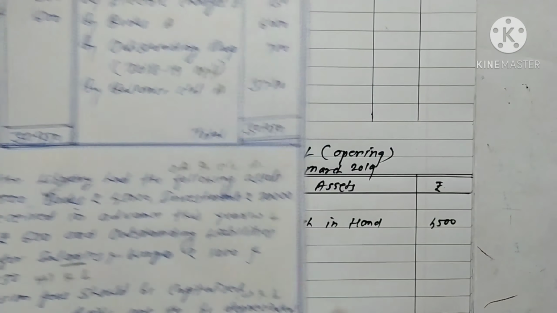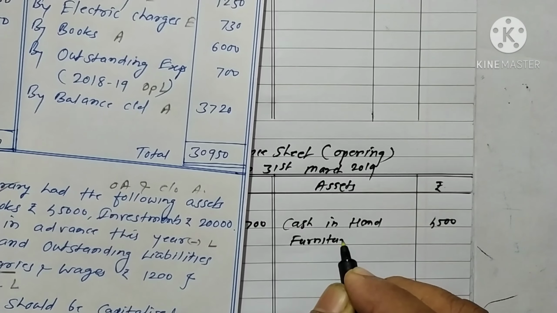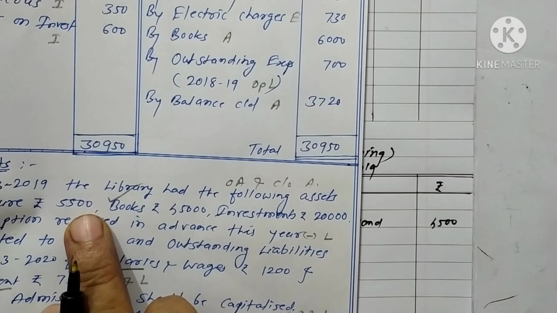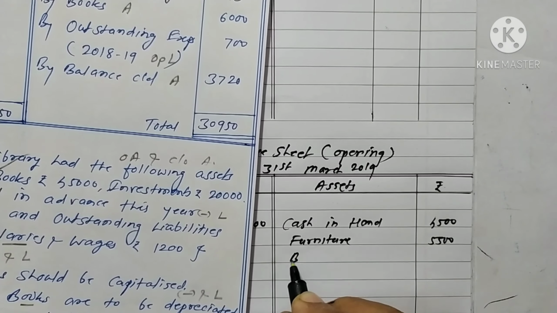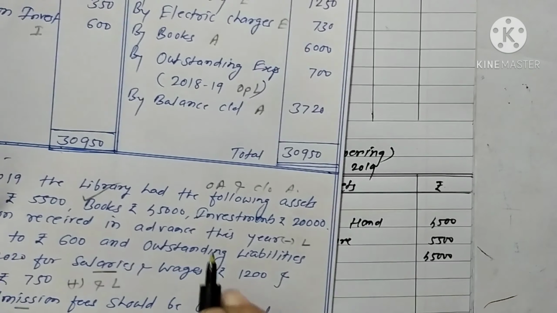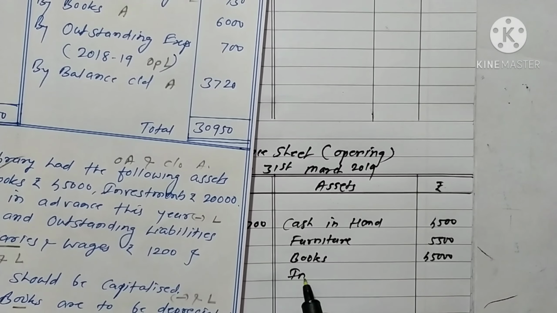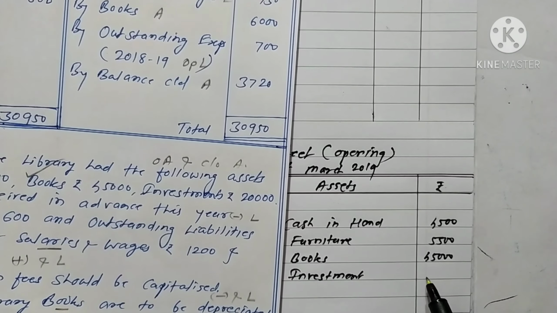We have to write on the asset side, here furniture, rupees 5,500. Next is books, rupees 45,000. Next is investment, rupees 20,000.